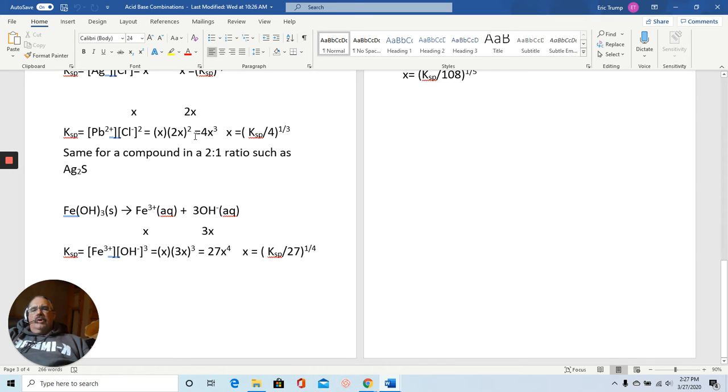And again, we should be able to make the approximation that 2x is small, and we could neglect that. So using the KSP, we would then solve for x, and that would be the solubility. Having a common ion is going to decrease the solubility.